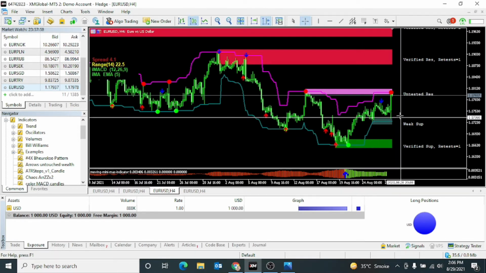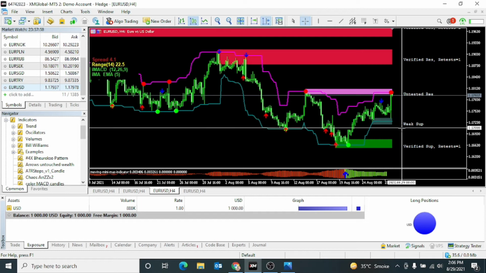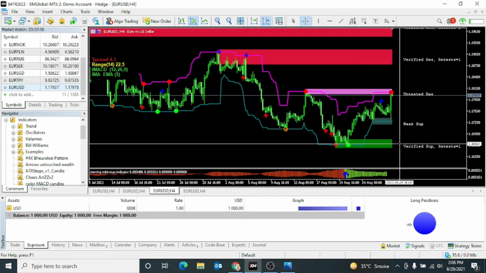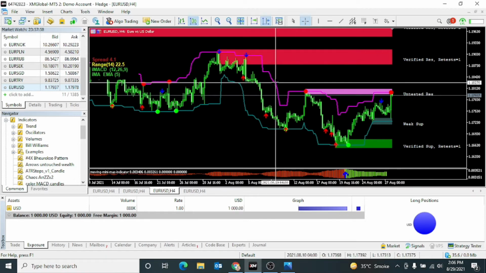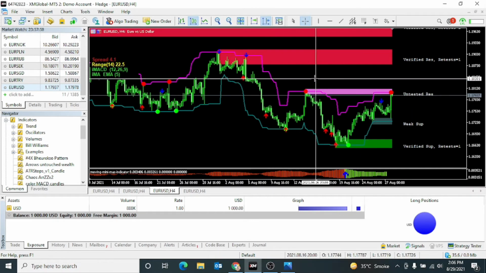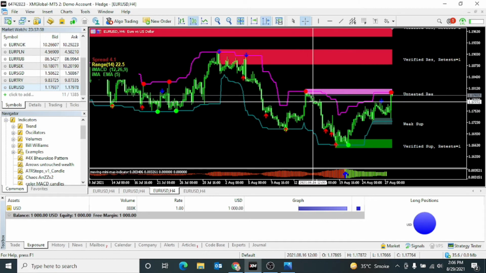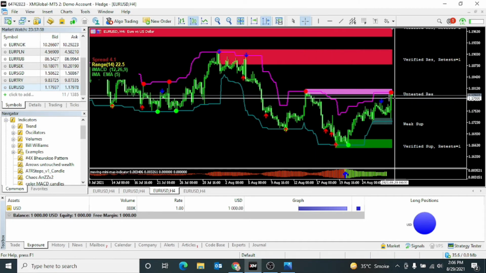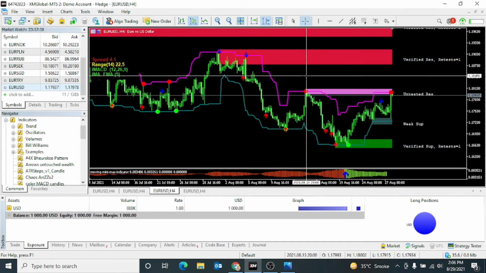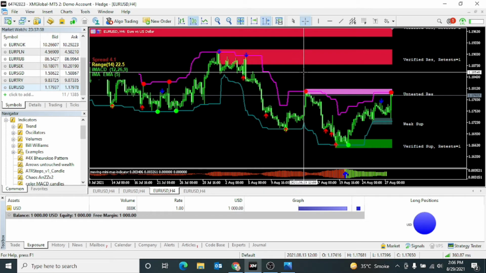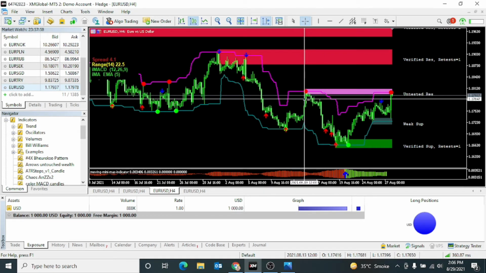Expected price is 1.1735. If this area is broken, then the expected price is 1.1663. You can see in the history, when any red dot appears, the red dot gives you the proper support and resistance levels. This is the resistance level.